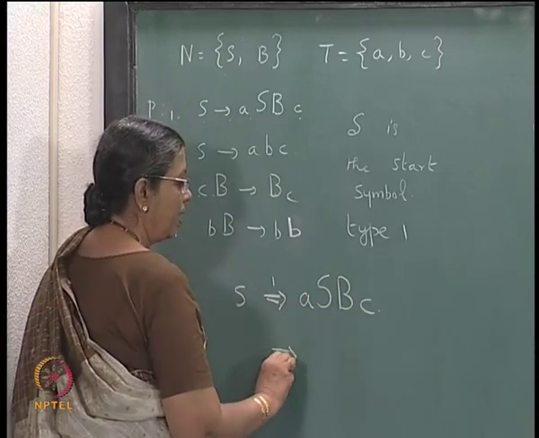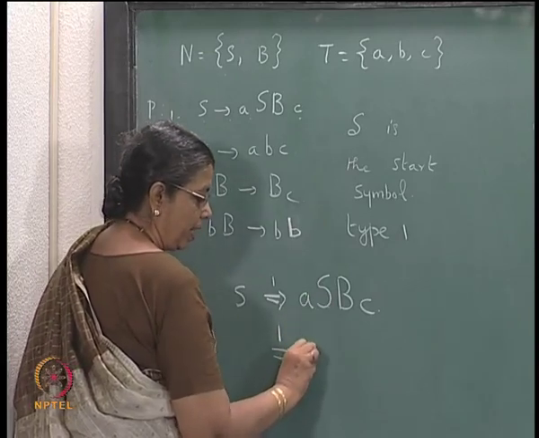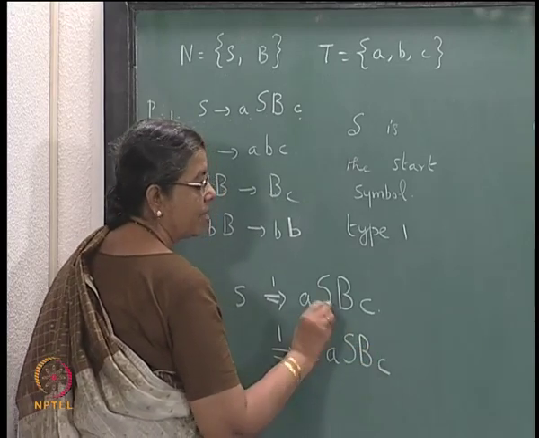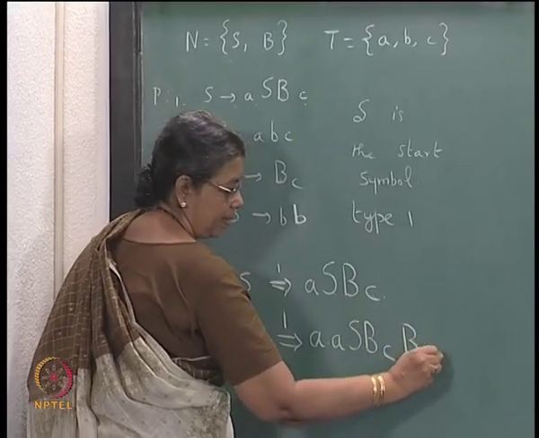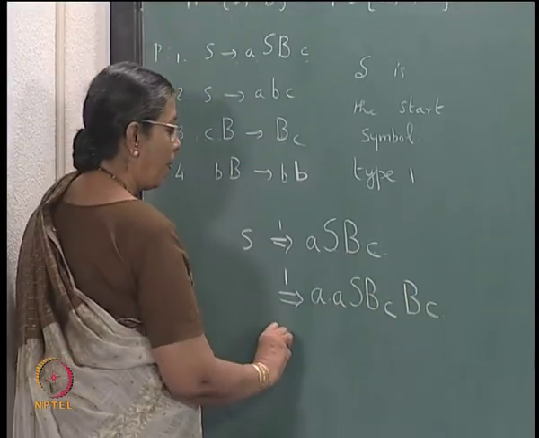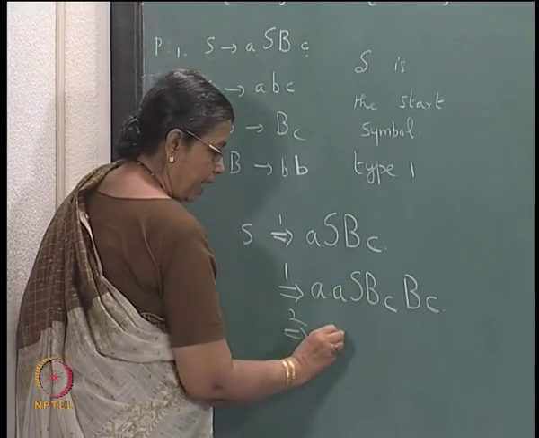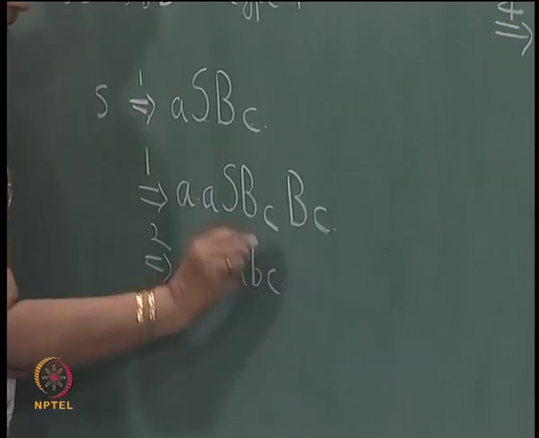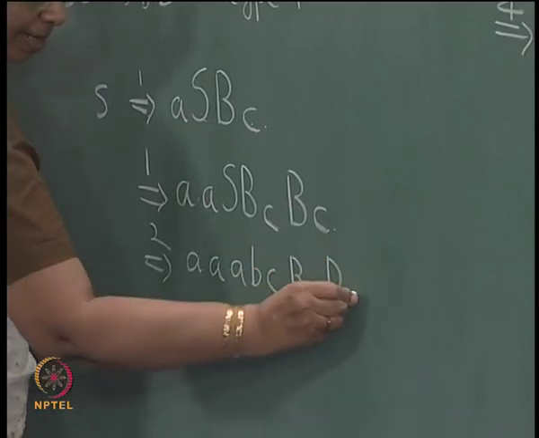Then again use rule 1 for this S, then you will get aaSBCBC, but this BC will remain as it is. Now, apply rule 2 for the S, then you will get aaabcBCBC, where these BC's remain as they are.